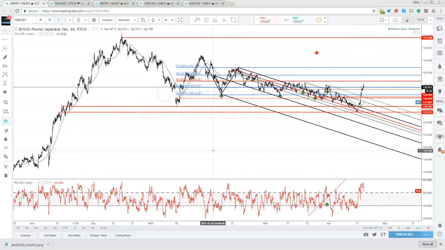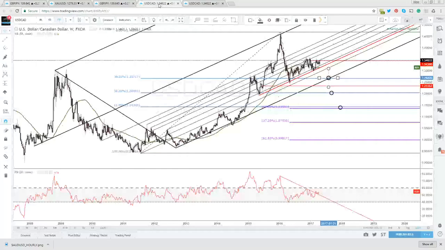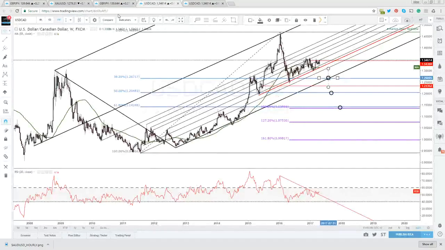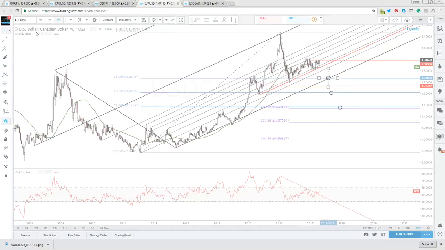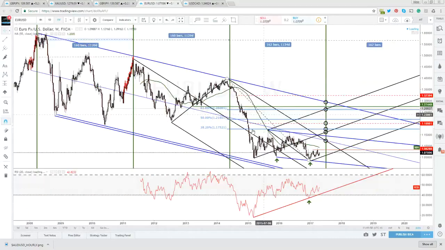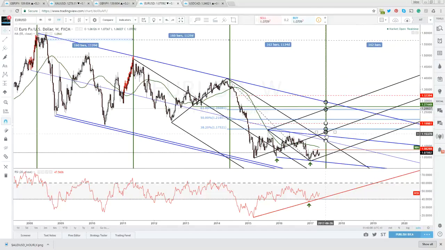Over the last 2 years, that didn't happen a lot, but if you look at weekly charts, especially euro dollar, the last 2 years just range trading, right?